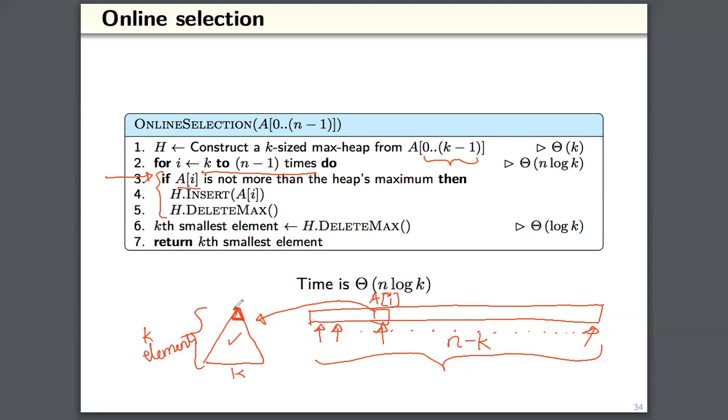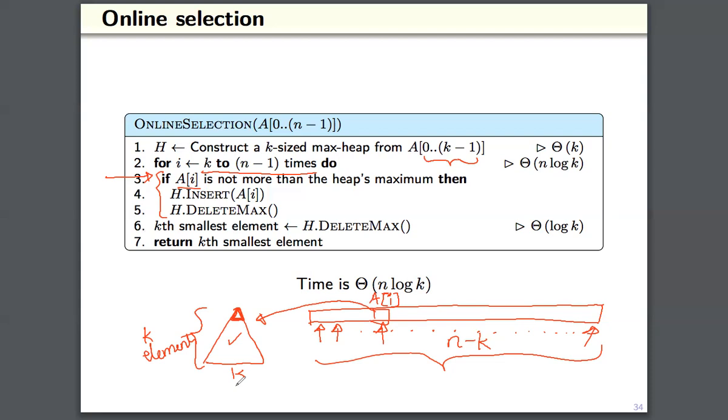So if A of I is greater than the max element, it is greater than all elements in the heap. That means it is definitely greater than k elements. If it is definitely greater than k elements, it cannot be one of the smallest k elements. Correct?